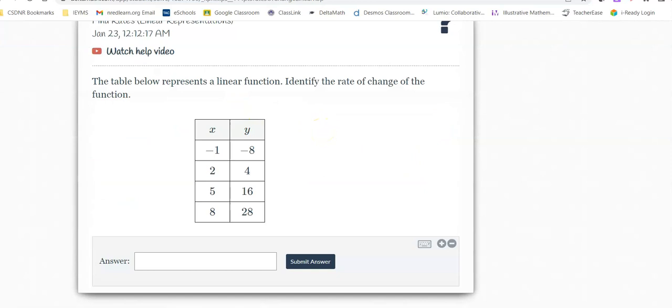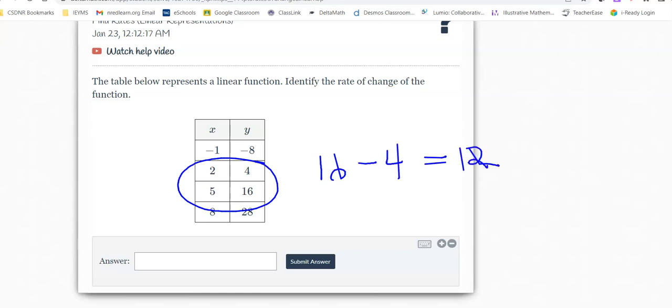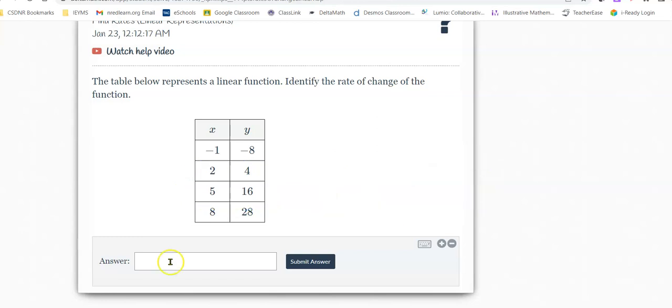Again, any 2 points you want. I'm going to pick these two. Y minus y is a 12 over x minus x. It's a 3. 12 over 3, 12 divided by 3 is 4.